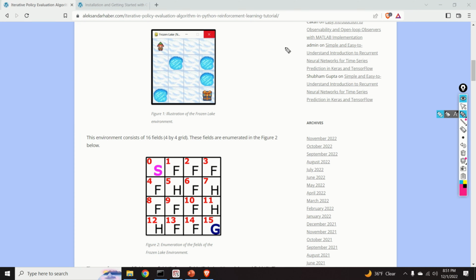Then, there are four types of fields. The first type is the start field, here or over here. Then we have frozen fields, F, here are the frozen fields. Then we have holes, here are the holes. And finally, we have the goal field over here.